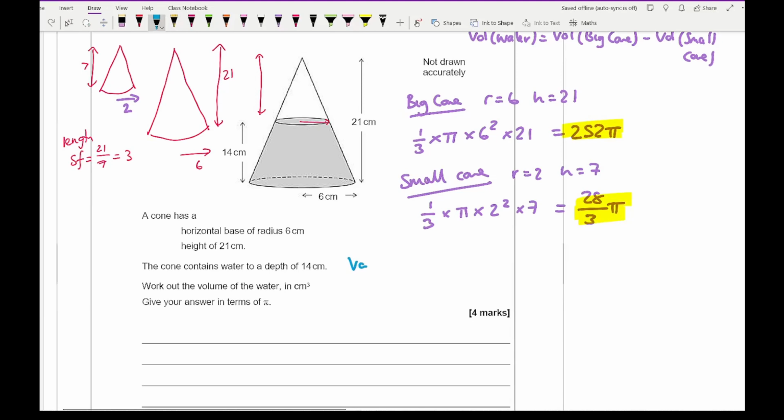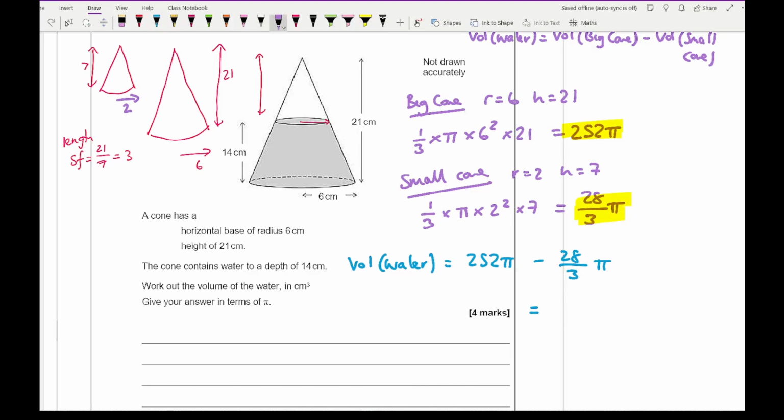So the volume of the water is going to equal 252 pi minus 28/3 pi, which I can join together by giving me a common denominator in terms of a fraction.